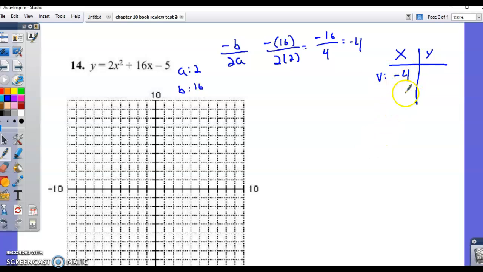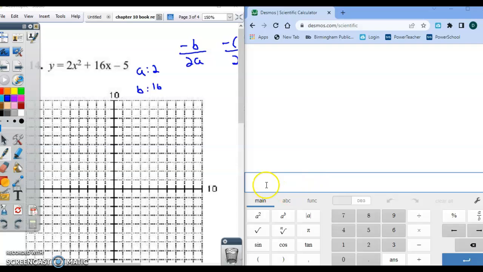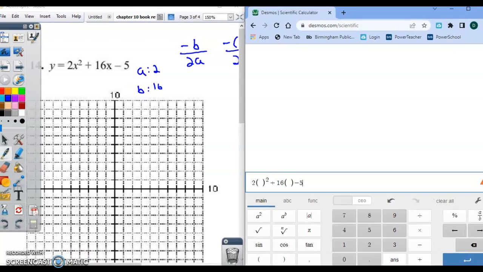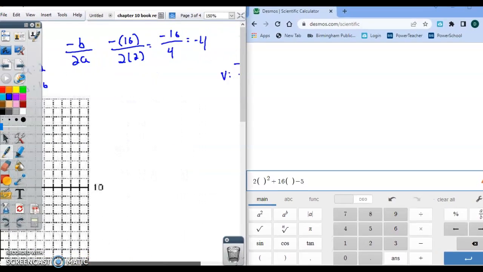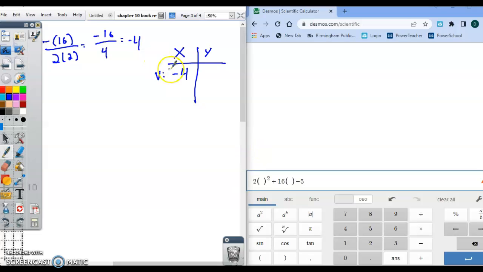I'm going to type this negative 4 into here. I'm going to use the decimals calculator for this one. All right, so I'm going to go ahead and put this formula into my decimals calculator. So I have 2 parentheses squared plus 16, and then my other x minus 5. All right, so I've found my vertex as negative 4, or my x value.